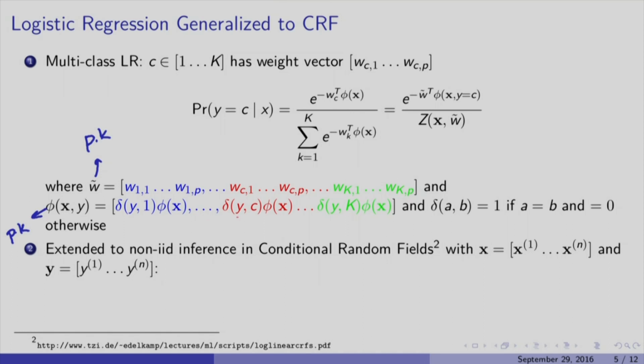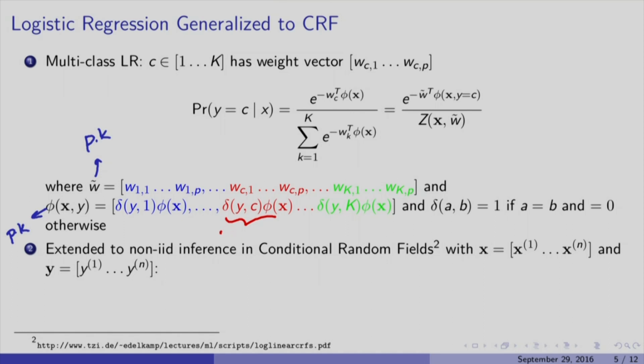Specifically in this setting we expect that when y is c, then delta yc is 1, because delta ab is 1 if and only if a equals b and 0 otherwise. So, delta yc will be 1 and therefore this phi x gets instantiated.